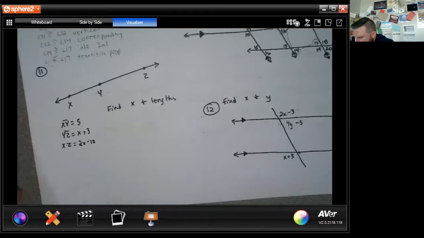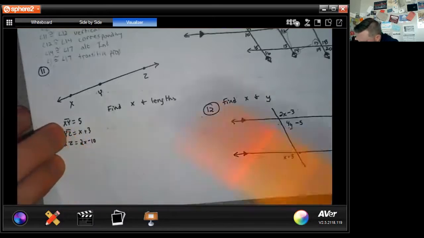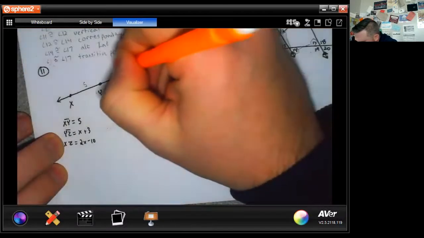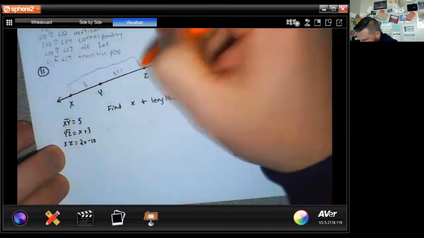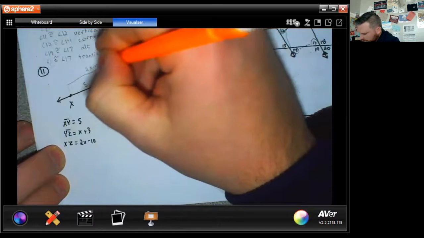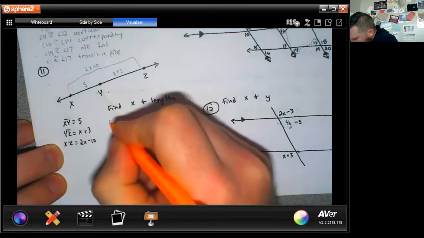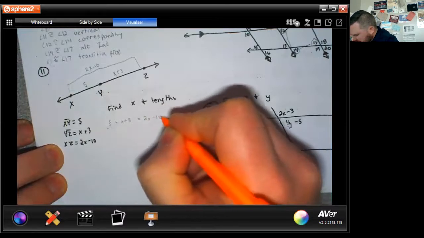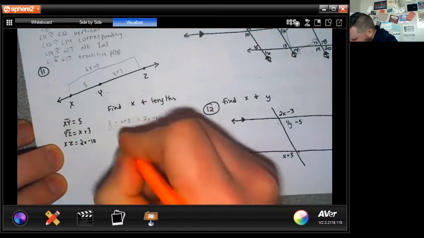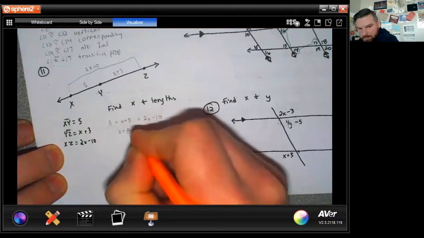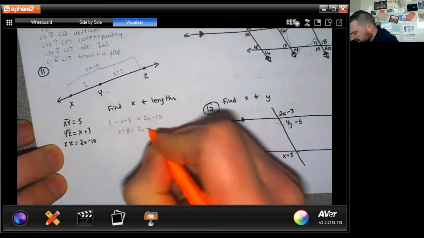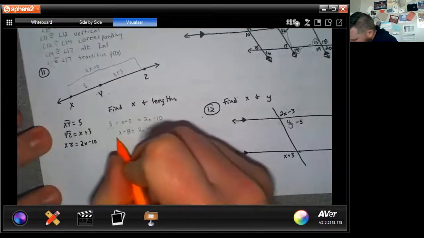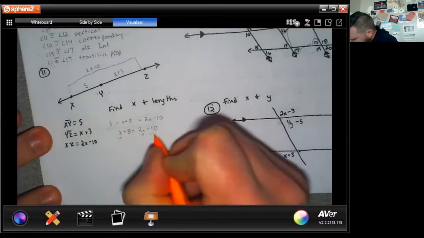Find x and length. So XY is 5. YZ is x plus 3. And XZ is 2x minus 10. So if we take the two parts and add them, they will equal the whole thing. Okay, so you have 5 plus 3 is 8, so you have x plus 8 equals 2x minus 10. We're going to subtract x, and add 10.